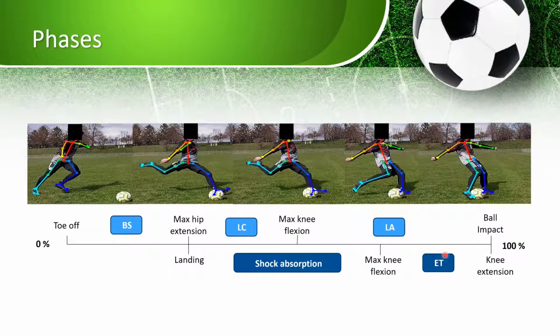But in the second half, there is a positive effect on the acceleration of the leg, which is energy transfer. So you will see in the next slide how the data looks in terms of shock absorption and energy transfer, and actually the velocity of the leg changes quite a lot. But in general, that's how kicking works.